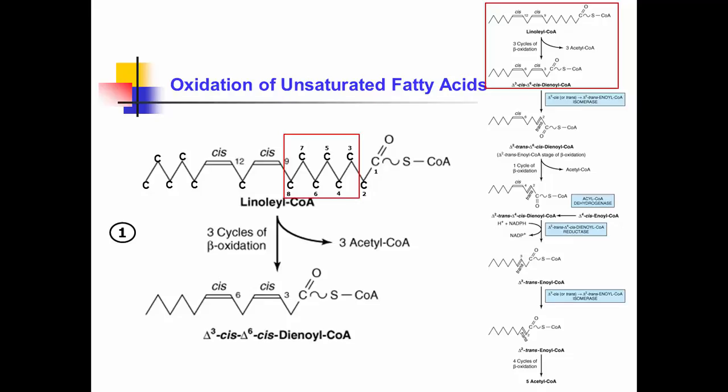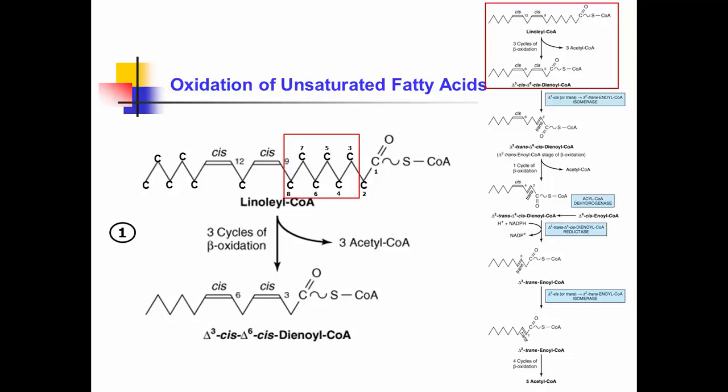So now the molecule, linoleic-CoA, becomes dieno-CoA, right? In this dieno-CoA molecule, you see that the double bond is very close to the beta carbon, and the double bond is not able to be cleaved by enzymes.